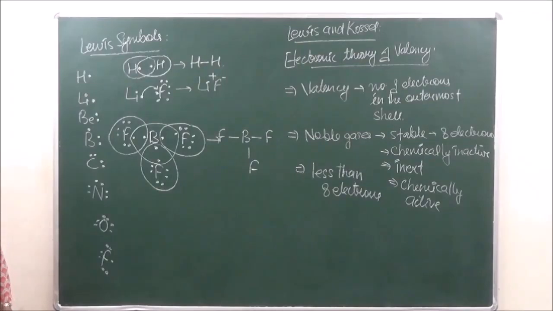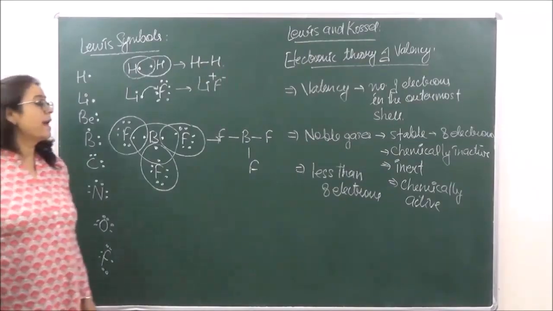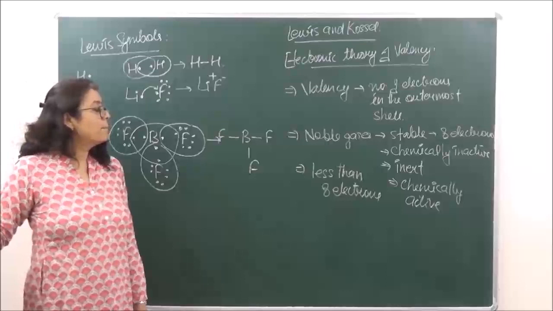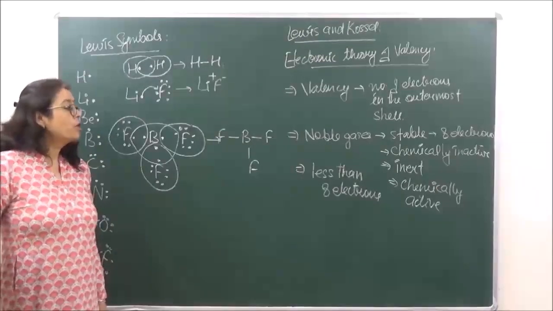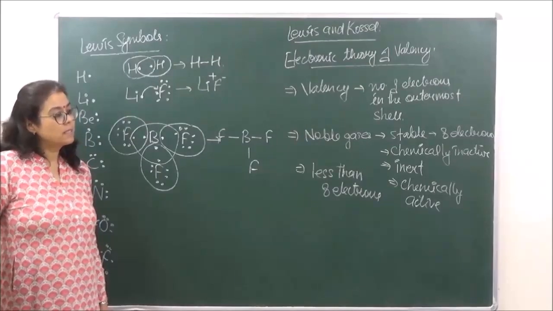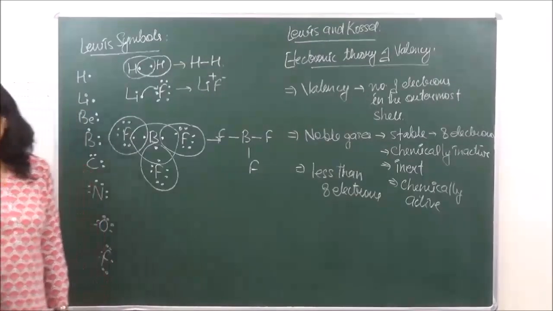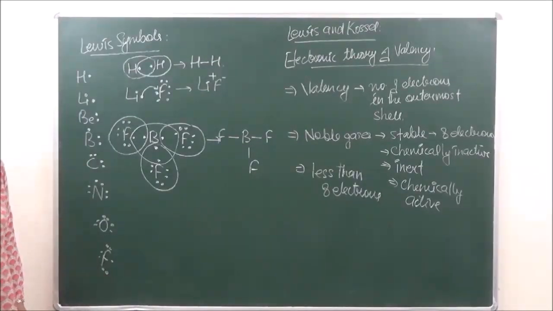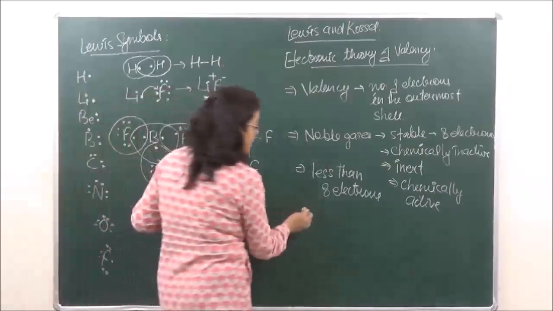Now, why are they chemically active? Because they have a tendency to complete their octet or to get 8 electrons in the outermost shell so as to become stable. Okay?